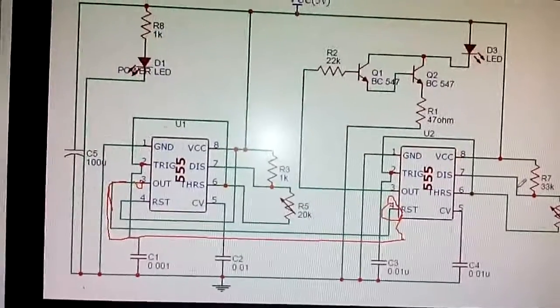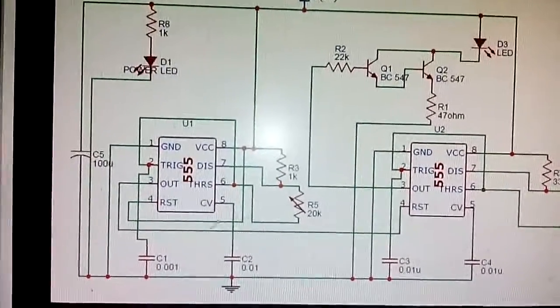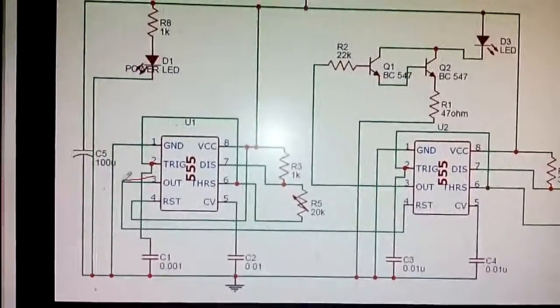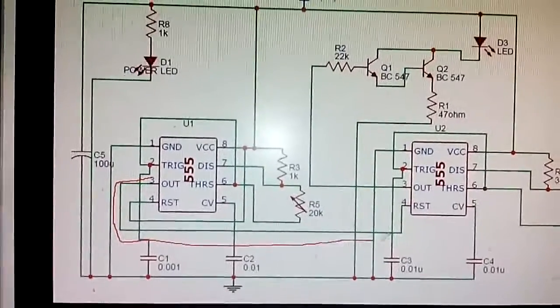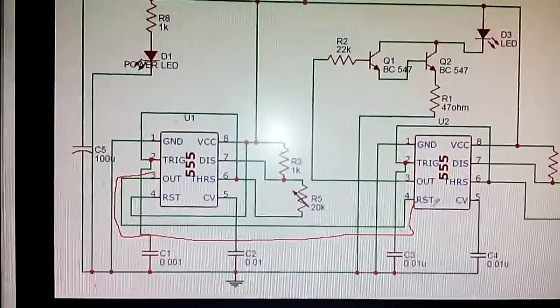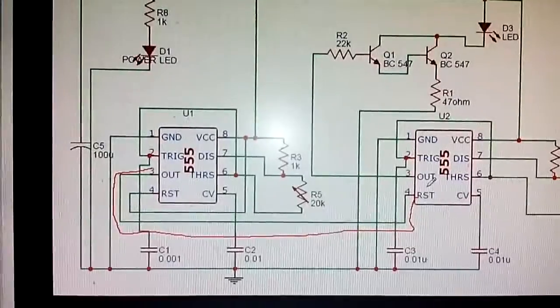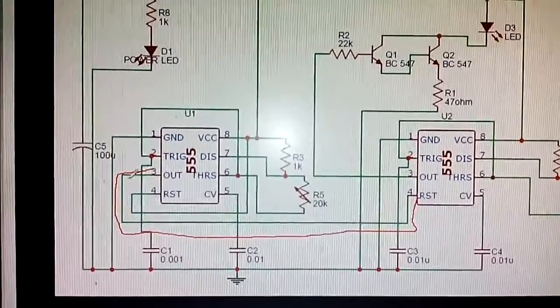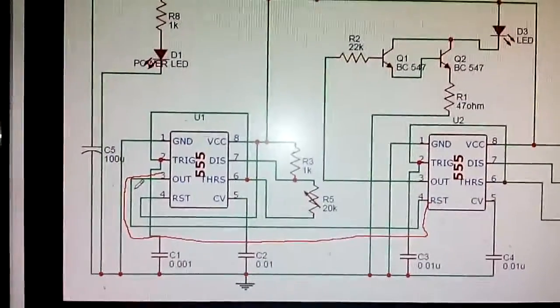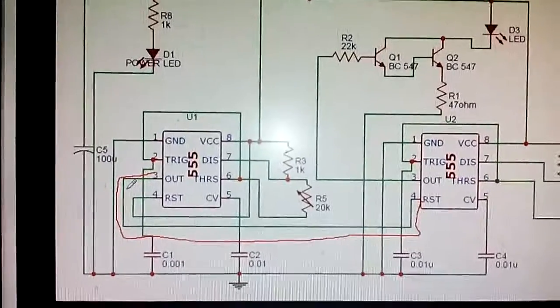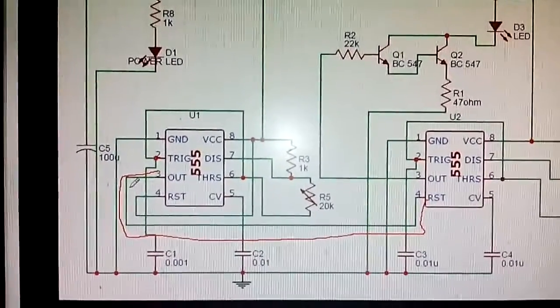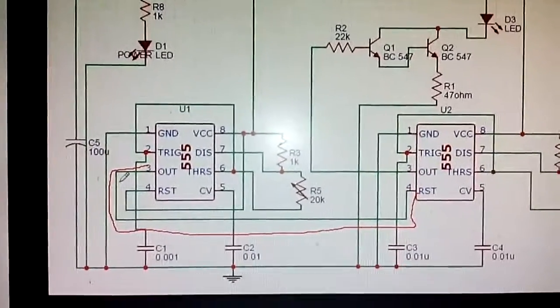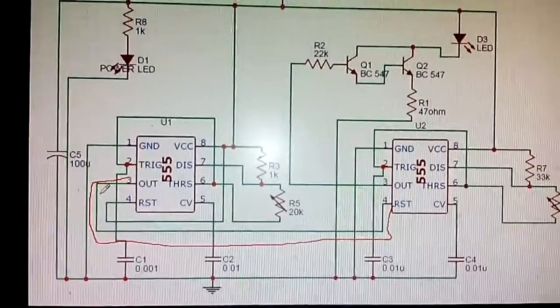When pin 3 is in its low state, it again feeds the reset, and when the second timer's RST pin gets a low pulse from the output of the first timer, it gets reset, so it gives 0. So there is no output of 38 kilohertz.